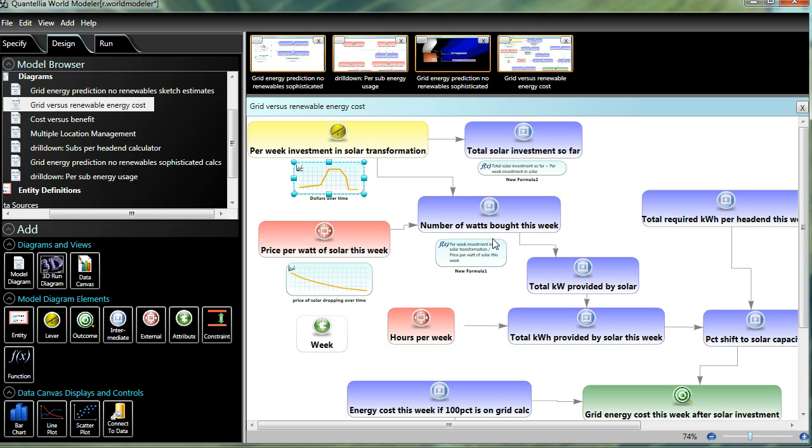Now, given that we have a certain amount of solar panels in a given week, we can end up generating a certain number of kilowatts. When we combine that with the number of hours in a week, we get the kilowatt hours that are provided by solar in a given week.